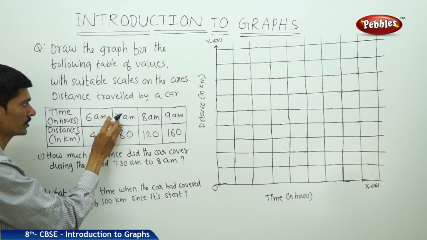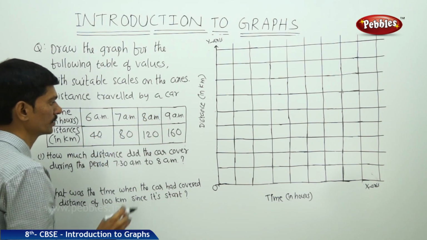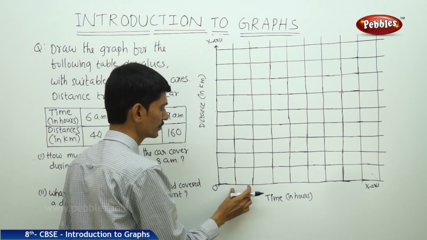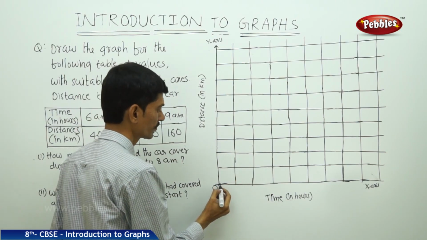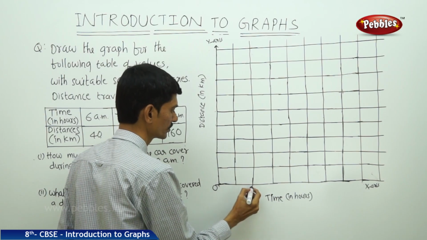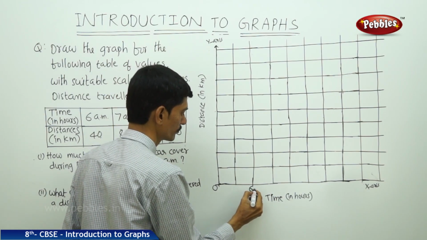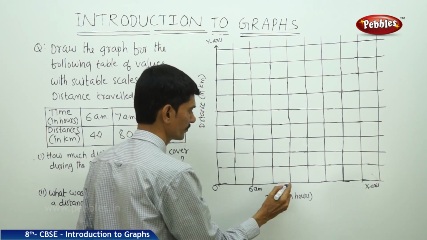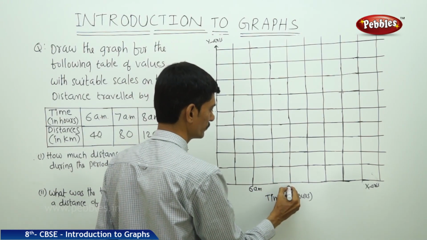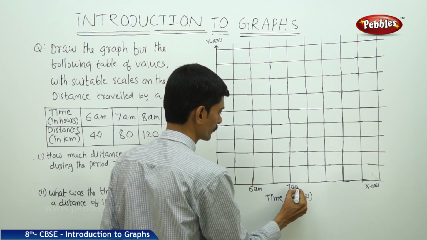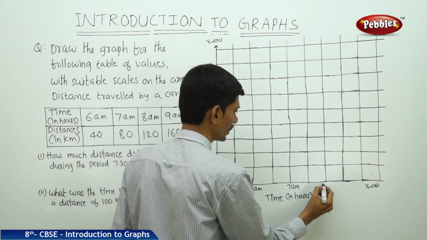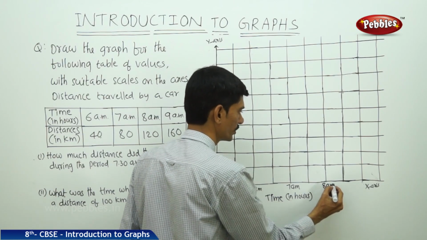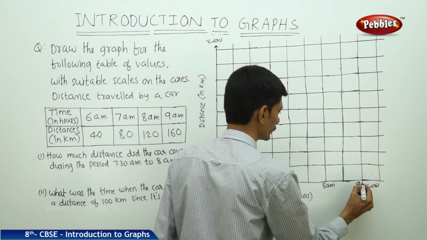Here 6 am, 7 am, 8 am and 9 am are there. We will take 2 units to represent 1 hour. From 0 to these 2 units, this is 6 am. Then after 2 units it is 7 am, after 2 units it is 8 am, then after 2 units again it is 9 am.